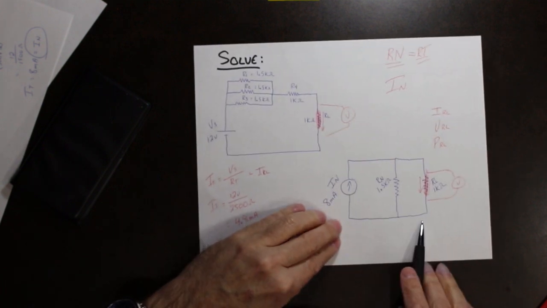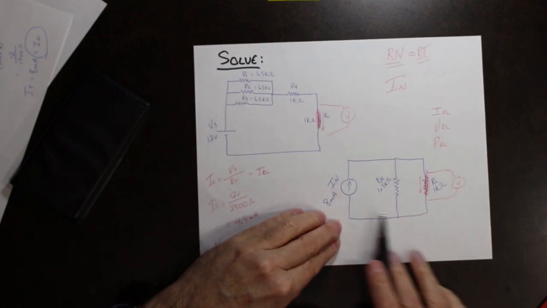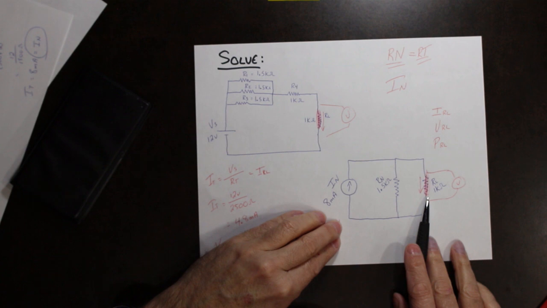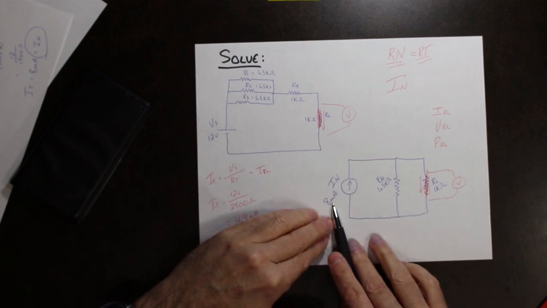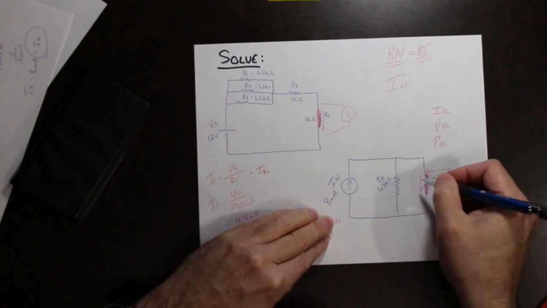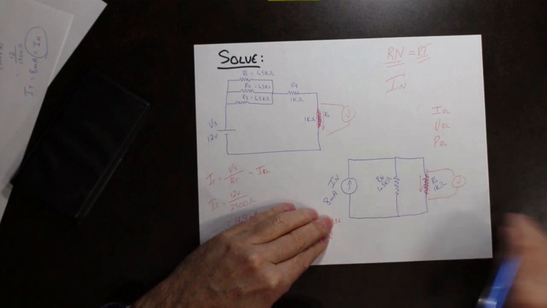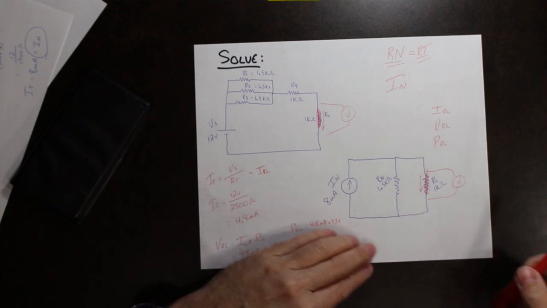Now we're going to calculate the same values, but using this circuit. So we got 8 milliamps here. We need to find out how much is flowing through here. We can use the current divider formula.